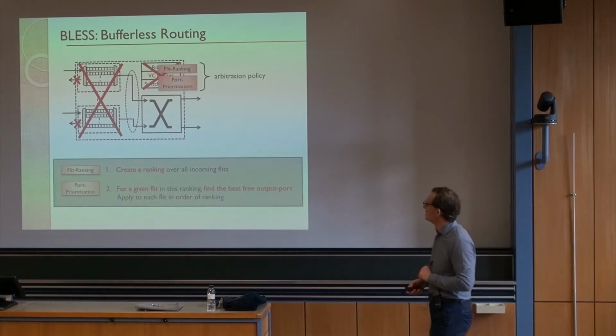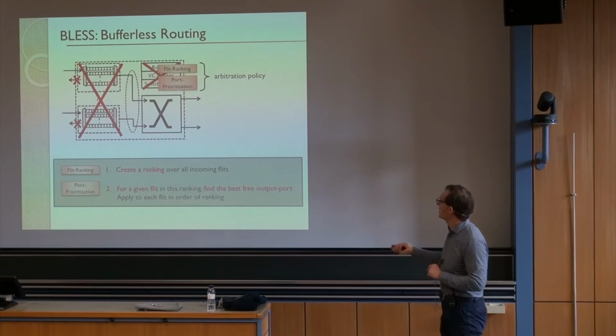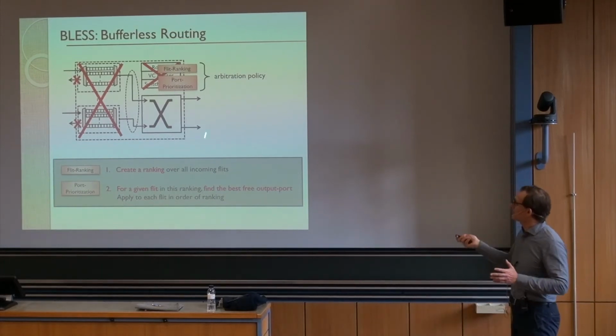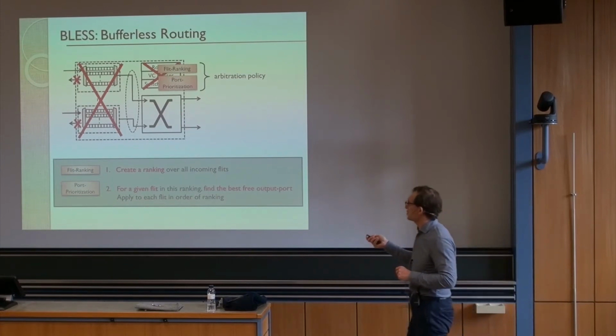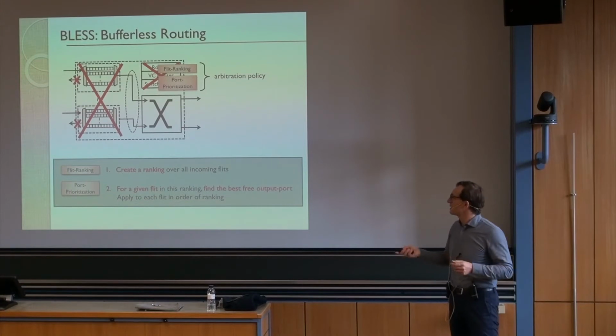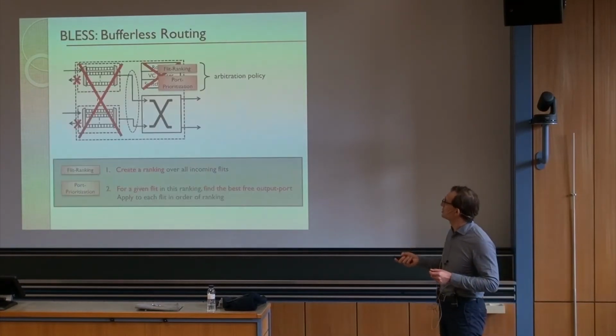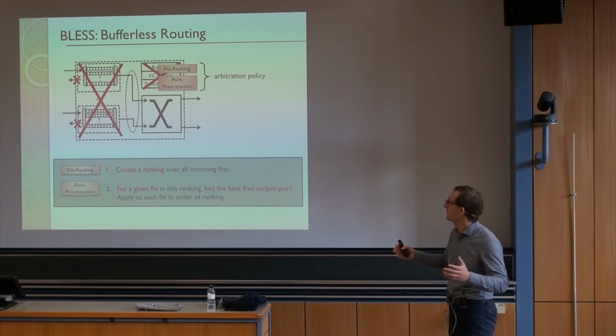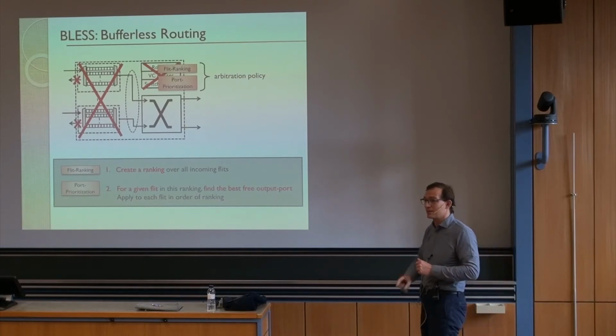So basically, this paper introduces an arbitration policy that ranks the incoming flits and does port prioritization. The reason there is a ranking over flits is because we want to ensure livelock freedom, right? If you're bufferless, you may actually have livelock in the network.